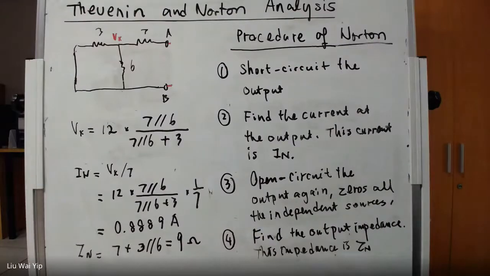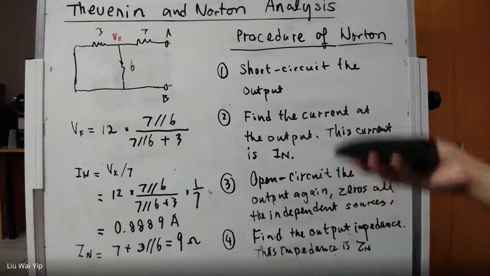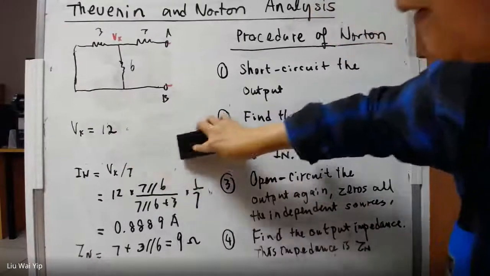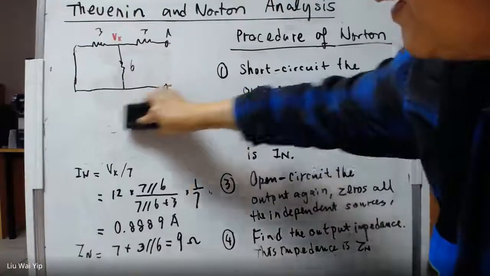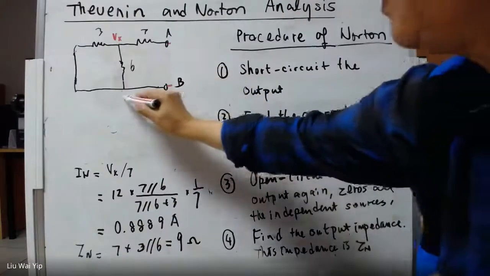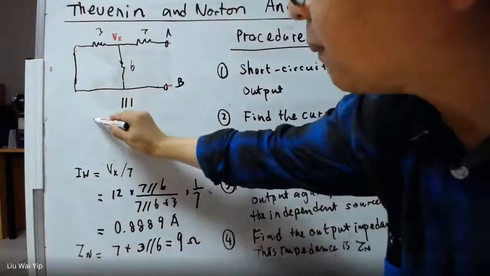So in other words, I have already got the answer. The only thing that I have not got is the equivalent circuit representation. How we can mount the circuit. So the answer is going to be like this.